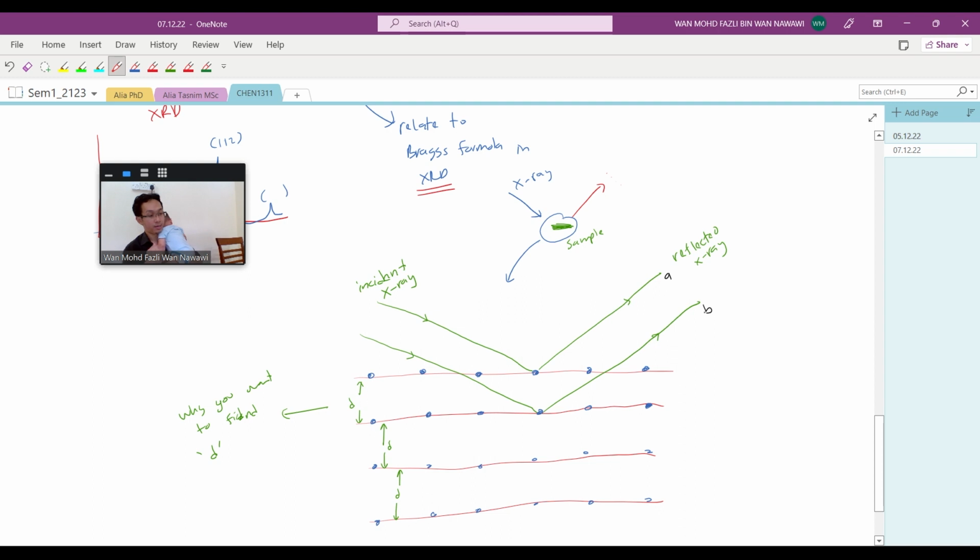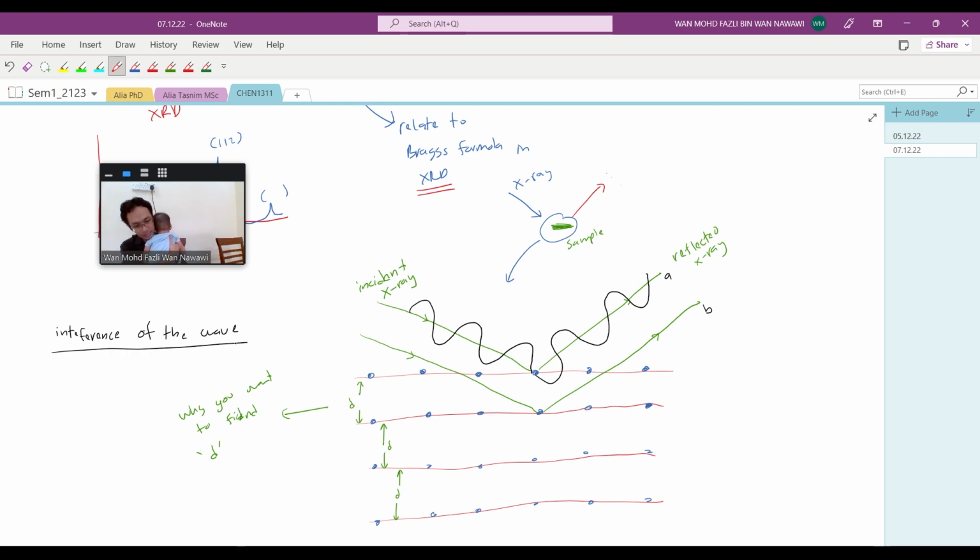We also know that the X-ray is a wave. So let's say we draw a wave something like this, and then reflected also something like this. So that is for A, and we learned that waves can interfere. We learned before about interference of waves. What it means is that if you have a wave like this, and you add another wave like this, what will happen? It will become bigger.